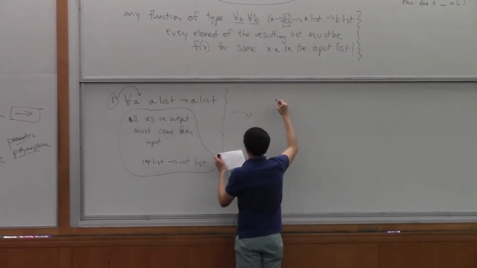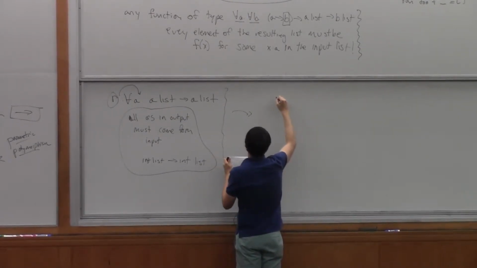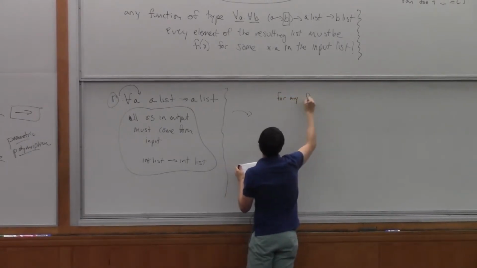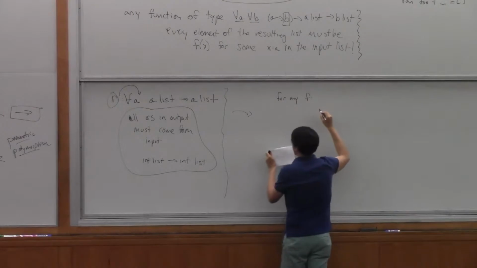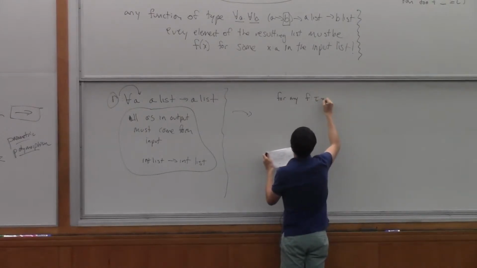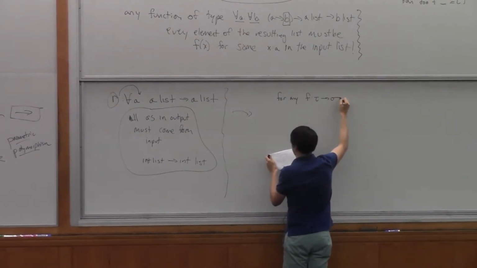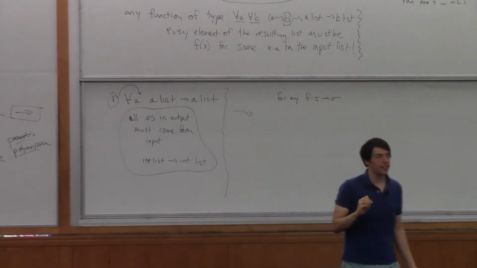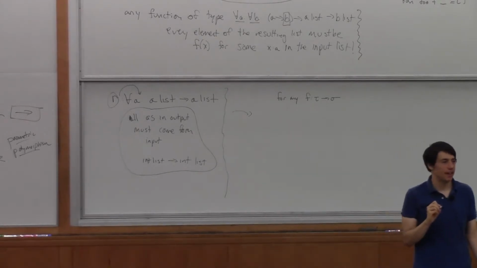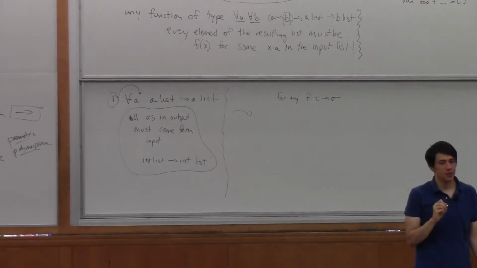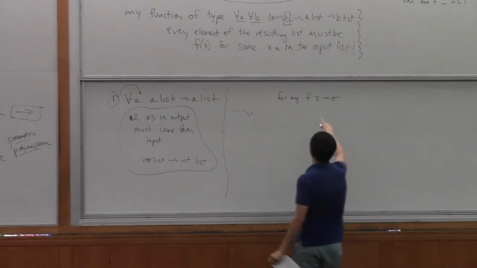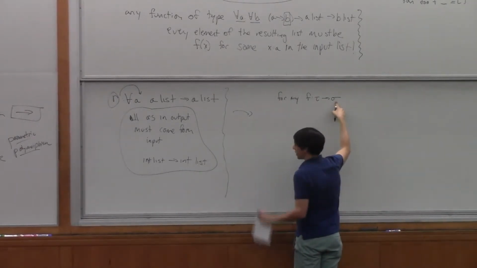What we can prove is that for any f which takes tau to sigma, some relationship about R and map and f. Okay? So suppose I have a function f that takes taus to sigmas.